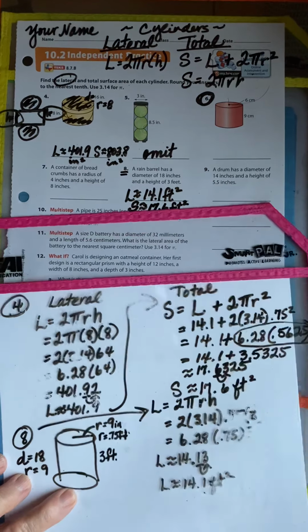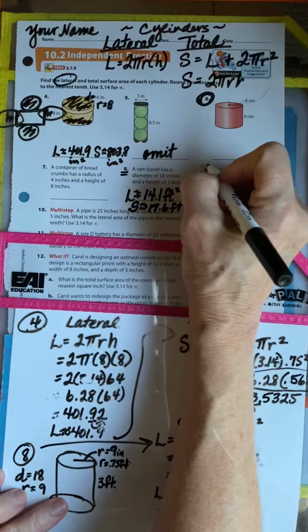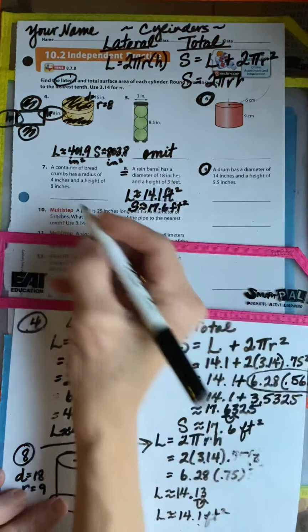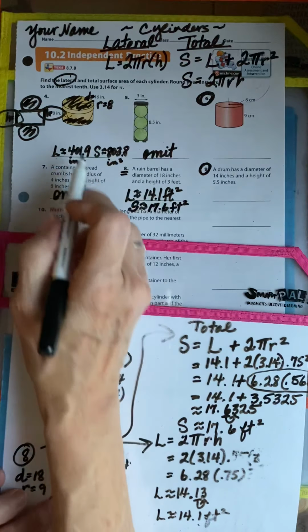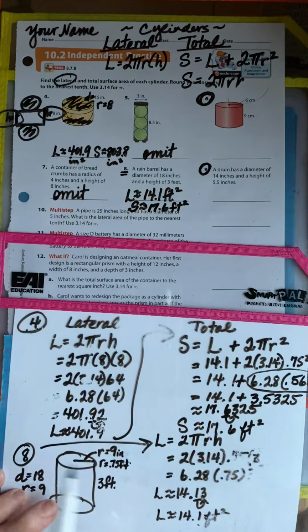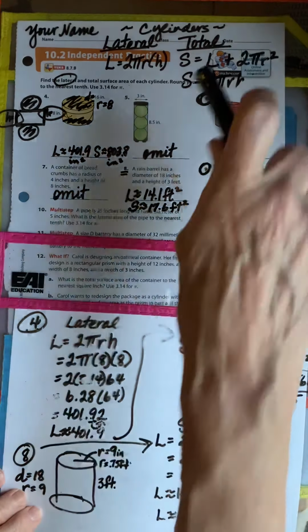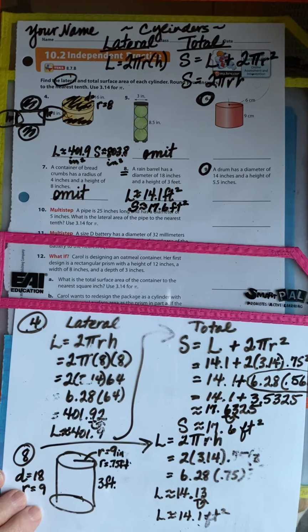All right. So you're going to do number 6 on your own, and you're also going to do number 9 on your own. You may omit number 7. So we did one drawing and one word problem where we had to draw it. You get to do this drawing. Notice it already gives you the radius. So radius equals 6.